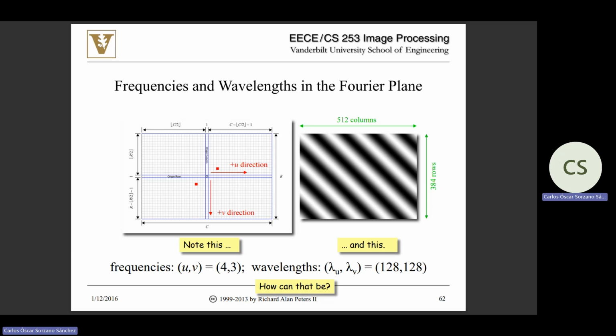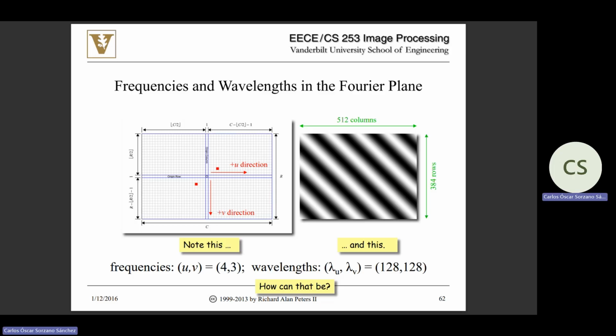So the wavelengths associated, even if they have different indexes, the wavelengths can be the same, because it is number of rows divided by your index in X, number of columns divided by your index in Y. The opposite. So the wavelengths can be the same. So from one maximum to the next takes 128 pixels.